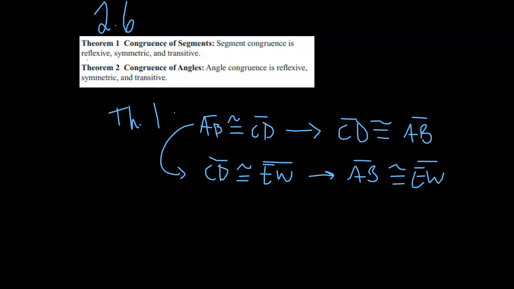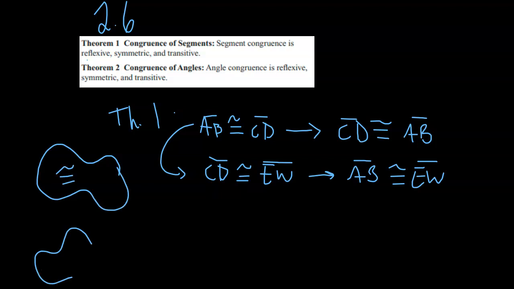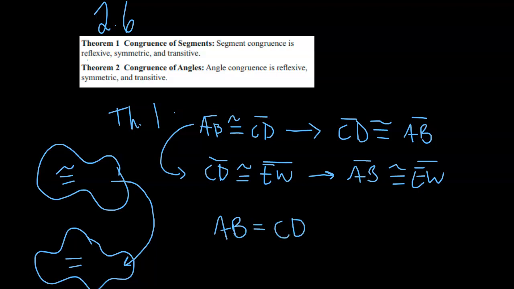Now, in order to prove this, you have to do that thing that we talked about, where you have a world of congruence, and this is another universe indicating equality, and you change everything that's congruent into things that are equal. So, for instance, I can change all these line segments that are congruent into segments of equal length, since if AB is congruent to CD, then you can say that the lengths are equal. And then do all my work down here with the equal sign.